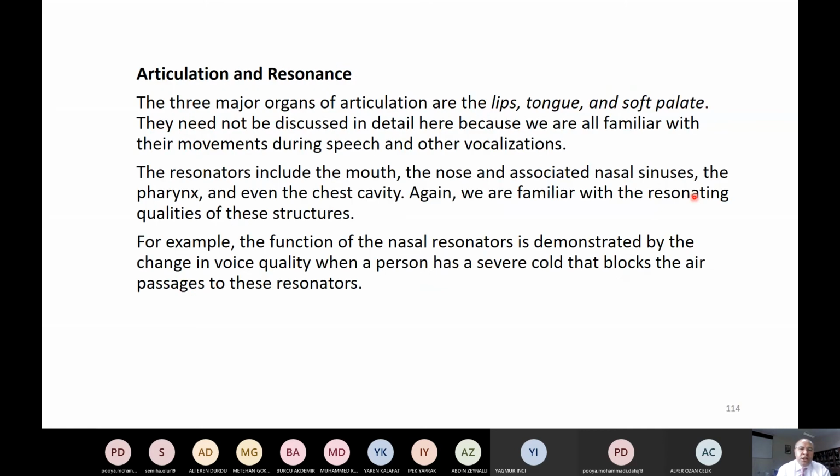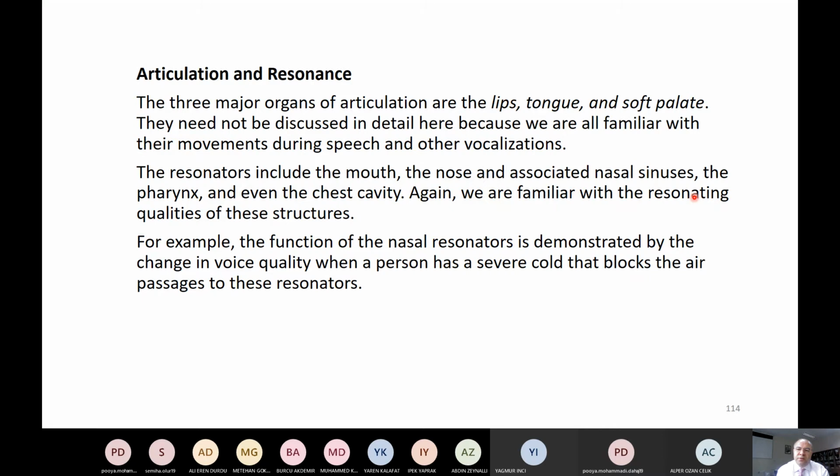Now resonance. Three major organs of articulation are the lips, tongue, and soft palate on the upper side. They need not be discussed in detail here because we are all familiar with their movements during speech and other vocalizations. Resonators include the mouth, nose, and associated nasal sinuses, the pharynx, and even our chest cavity.